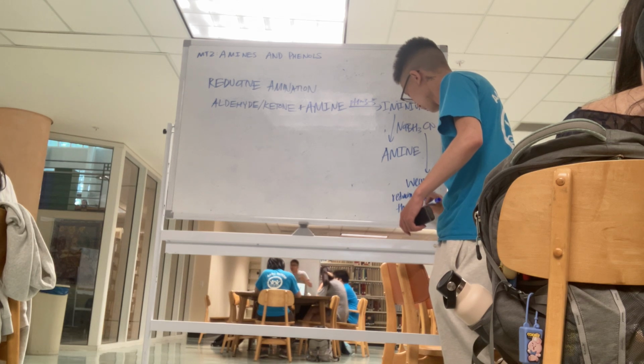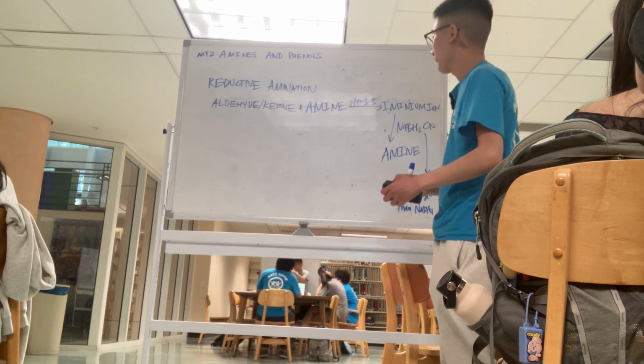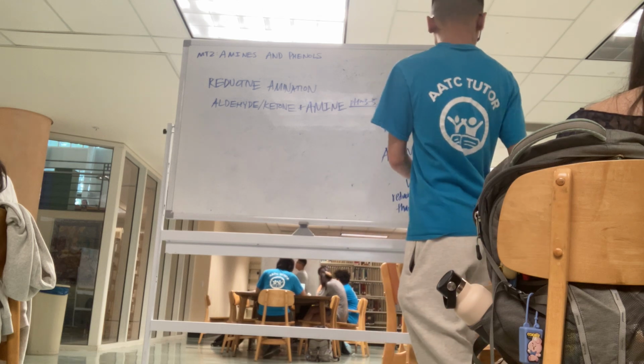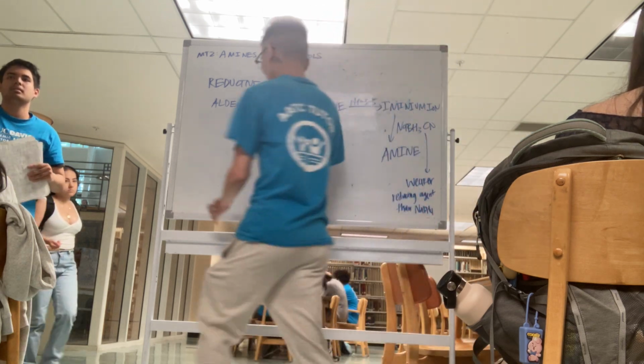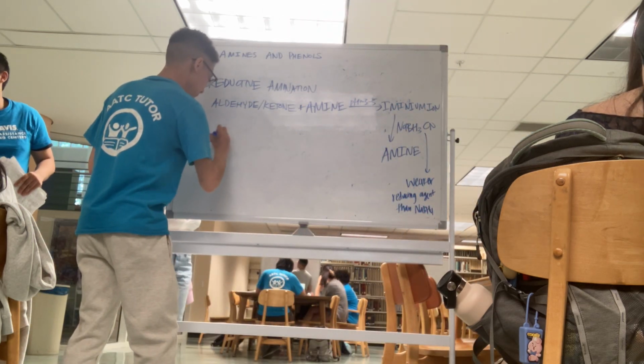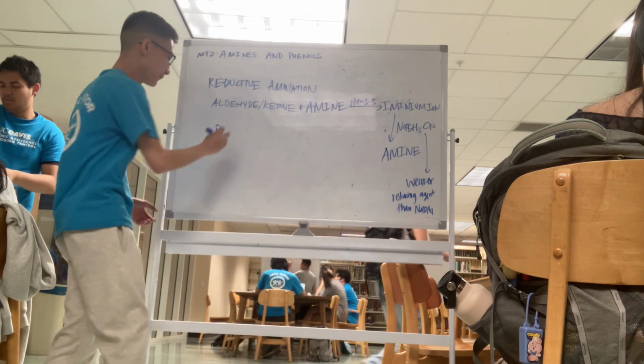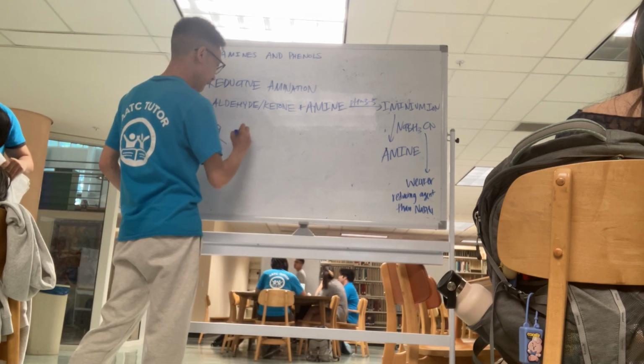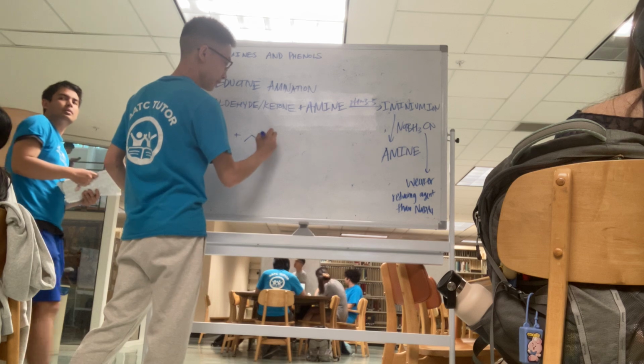Then NaBH4. Right. And now let's go over the whole example. Let's say we have this ketone, and we react it with, let's say, this amine.